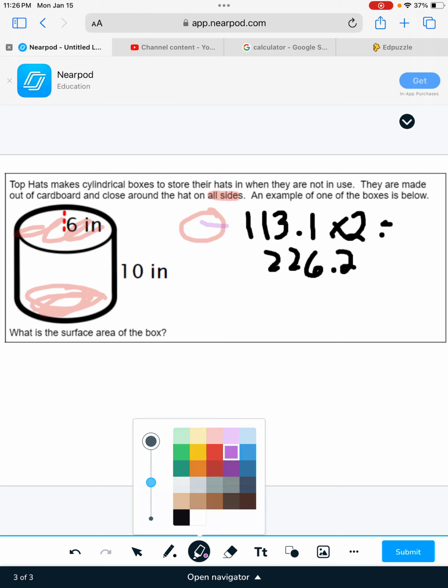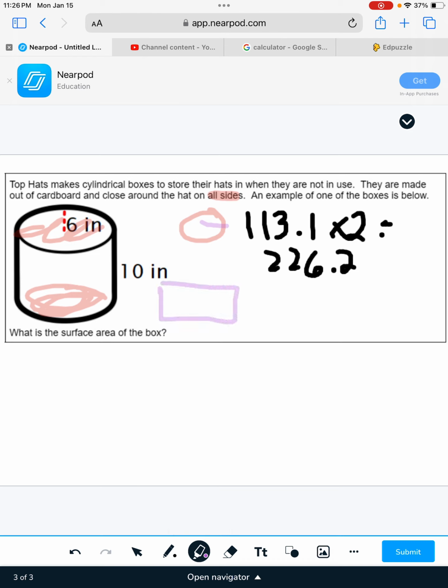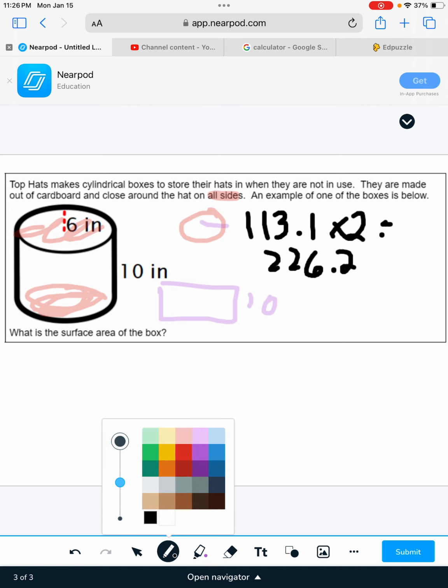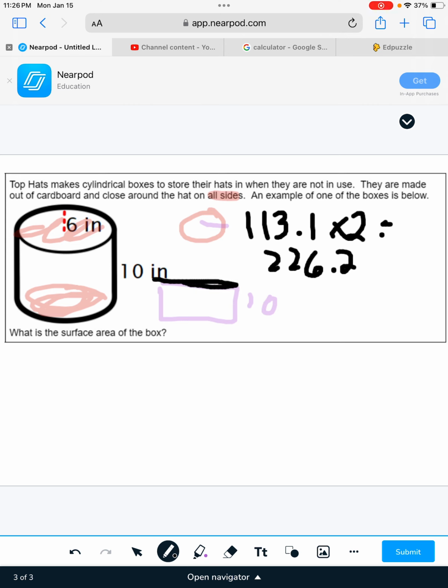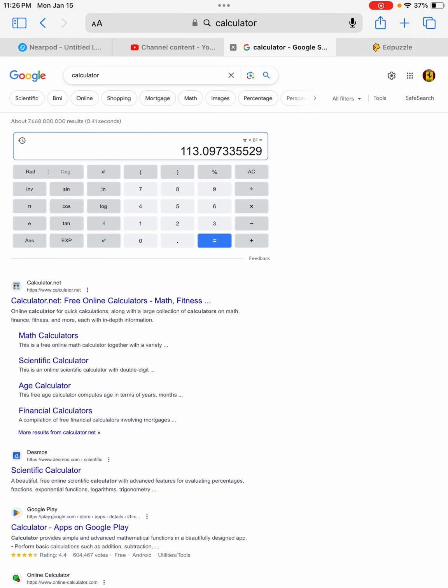Now we want to talk about the rectangle that wraps around. Now I know it's 10 tall, but I have to be able to solve for that length there. That length wraps around that circle, and there's a word for things that go around a circle. It is circumference, and you guys should know the formula for that by now.